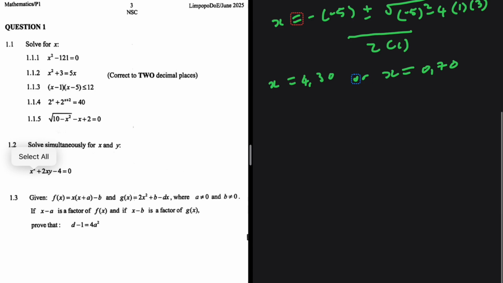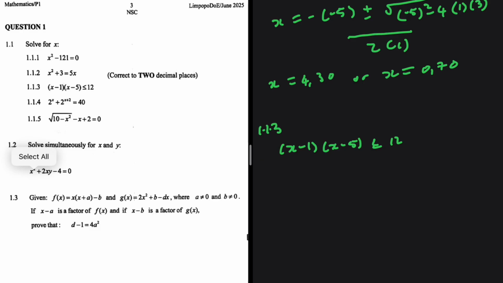Let's take a look at 1.1.3. Well, we have an inequality. We have (x minus 1) multiplied by (x minus 5) less than or equal to 12. So obviously, we are going to have to multiply out because of this 12. If we had 0, we would just equate to 0. But we need to multiply out first because of that 12.